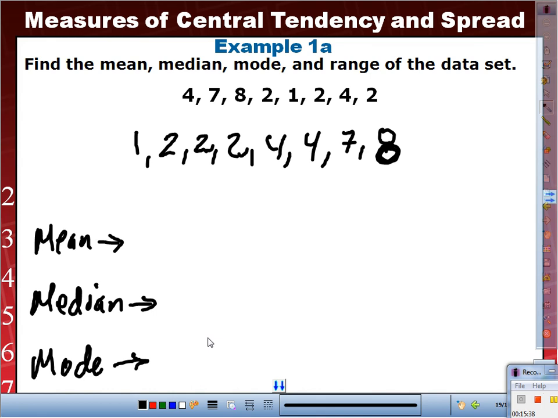Identify the three M's. Or, what's another word that we use on the objective? Compute the measures of central tendency. That is correct. That's step two. Compute the measures of central tendency.